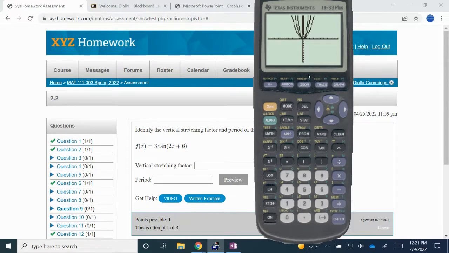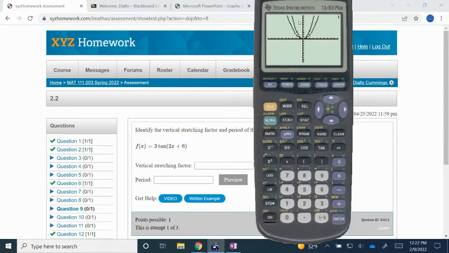So what happens if we put in a number that's greater than 0 but less than 1? I'm going to clear these functions out and put in 1/2, or 0.5 x squared, and let's analyze the graph.